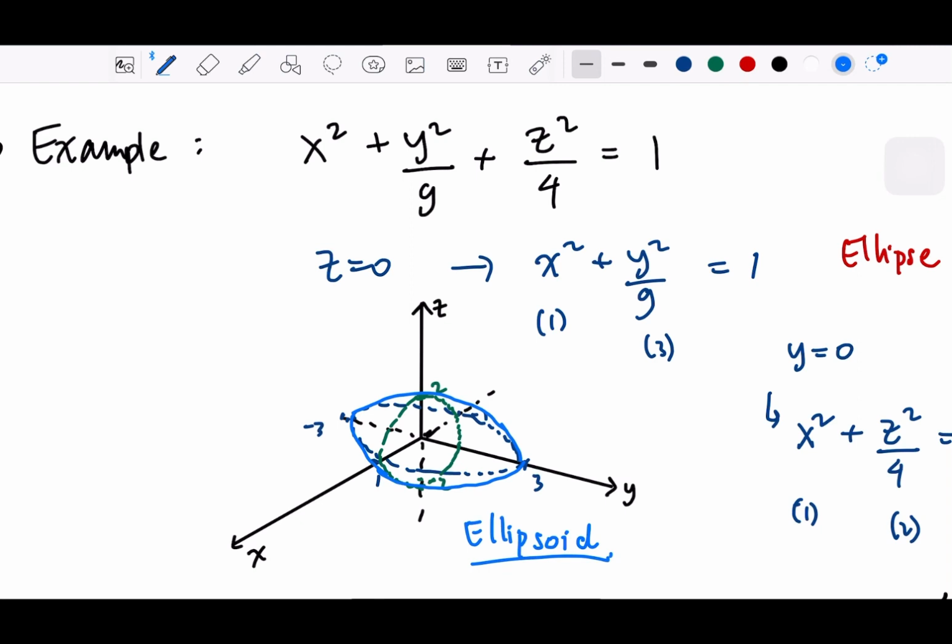So your goal within the sections is to identify. How to identify? Taking some part with 0. Taking some part with 0, and you will see some patterns. You will see some patterns at the end.